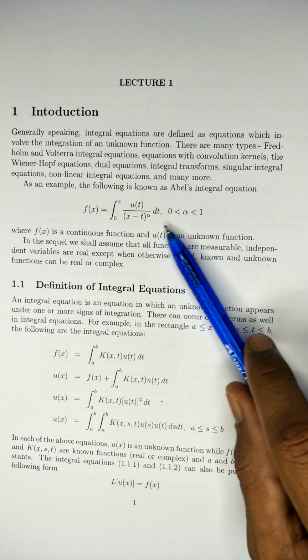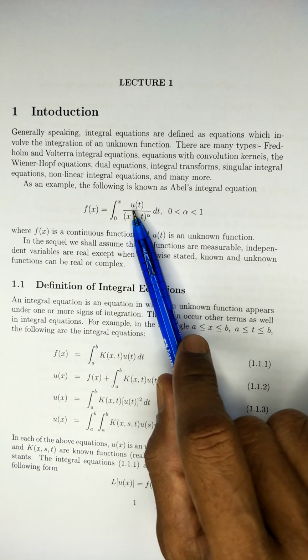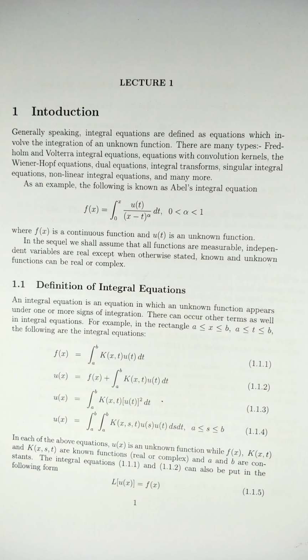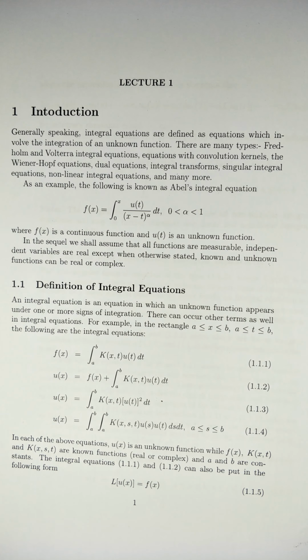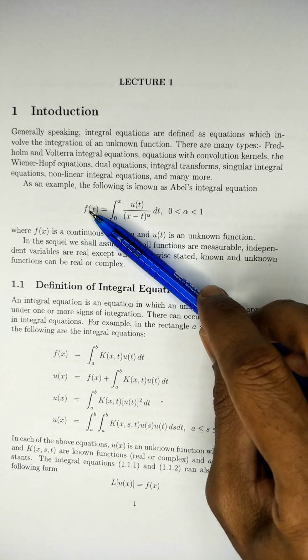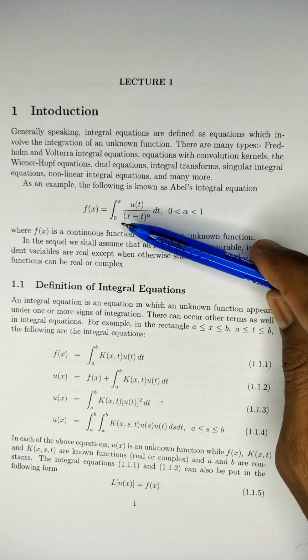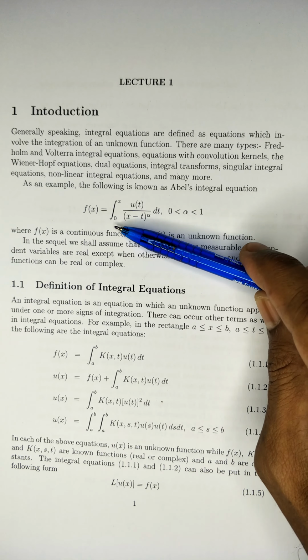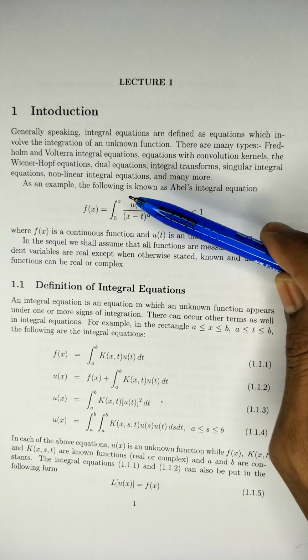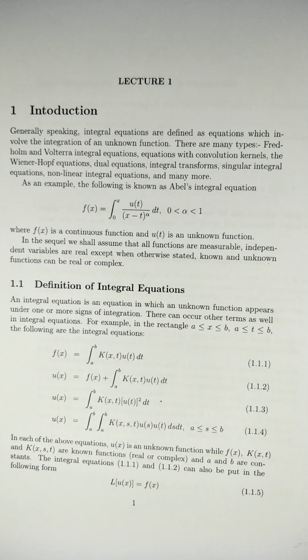So for example, in this case here, we have the unknown function inside the integral. So we call this an integral equation. In this case, f is a known function, and this is the unknown function. And the limit of integration can be variable, or it can also be a fixed number.